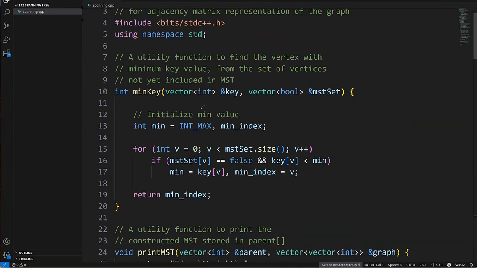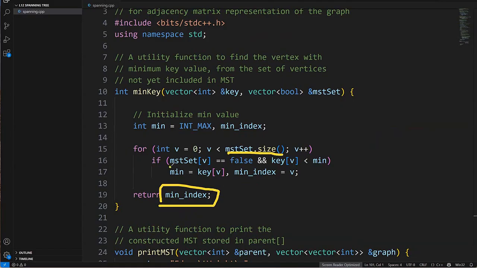So here you have the max, that's the minimum, and the min index. Okay, these are the numbers. And then the value is this. The number is the min index. So eventually you will return the min index, that is the node's vector index. Okay, so you go through every node.